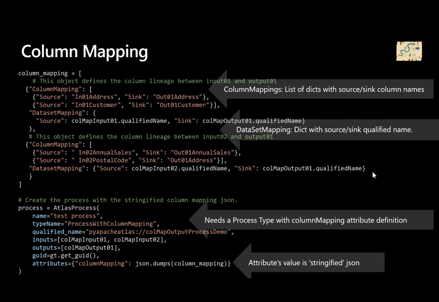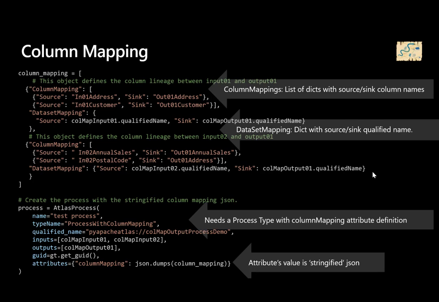The column mapping is a little more difficult because it takes in an array of individual JSON objects, which maps the source column to the sink column. This is only useful if you are specifying the relationship between those columns. So if you don't have a column with a destination, with a sink, then you probably wouldn't reference it here. It actually will not work.